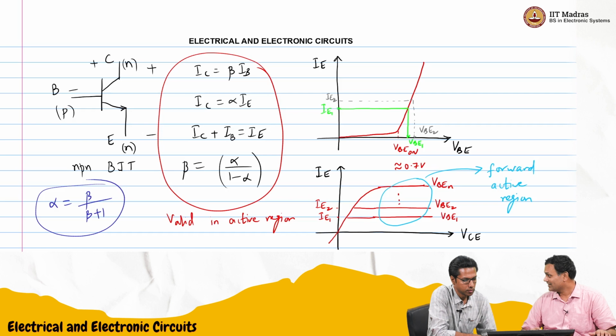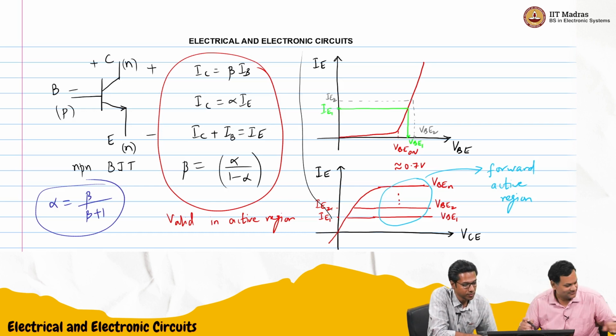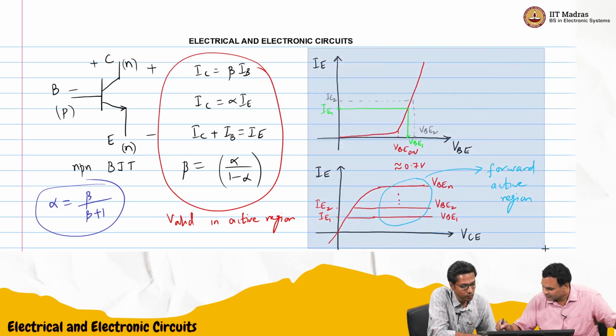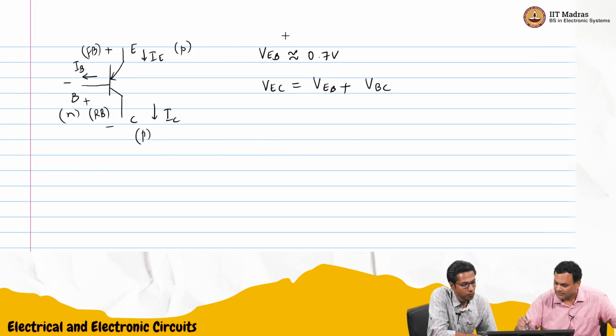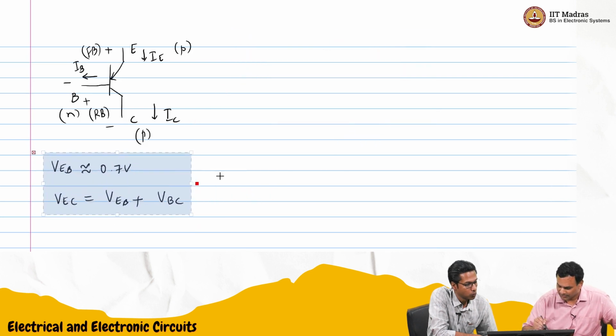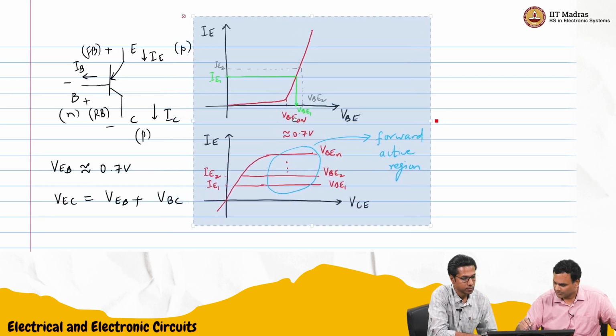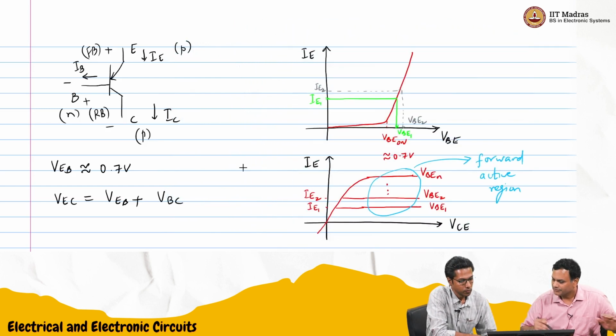The plots will change slightly, because the polarity has changed. So what I will do, I'm just going to make my job easier. I'm going to copy this and just change the polarities. Shall we do that? That is easy because we don't need to keep redrawing. I'll move this down here. So emitter current entering depends on the emitter base voltage.